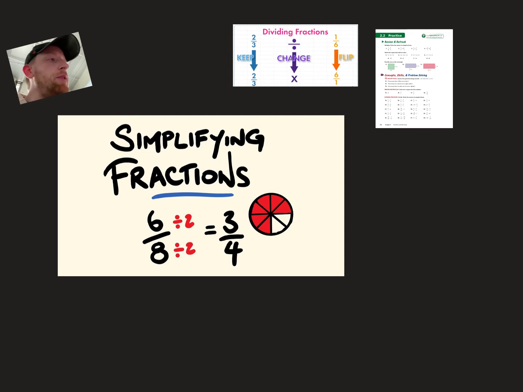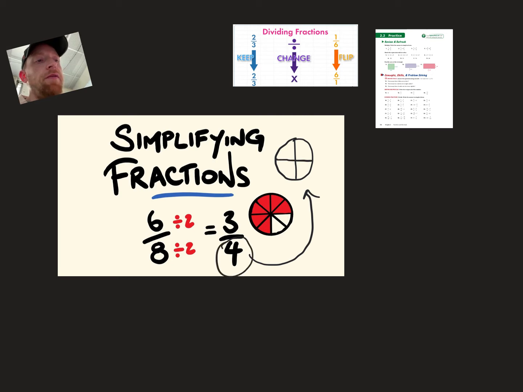Now, if we want to represent this visually using this pie, we can make another pie here. And if I want to represent 3/4, first I make 4 different slices, and then I fill in 3 of them. You can see that the size of each of these pies is the same.